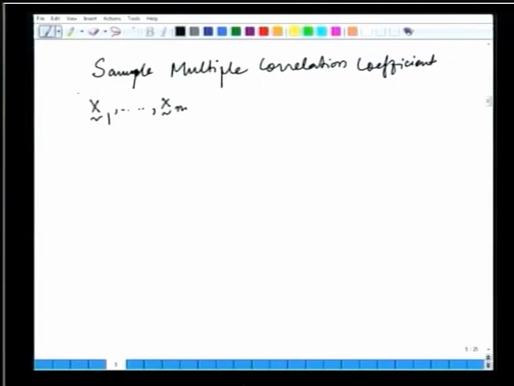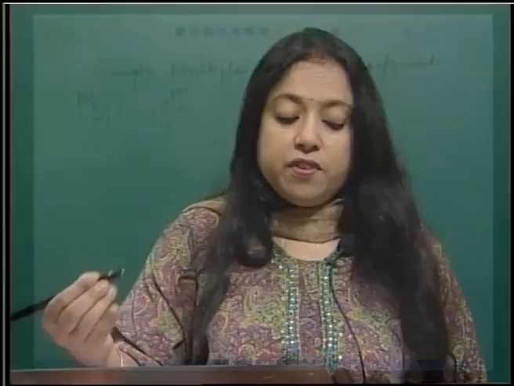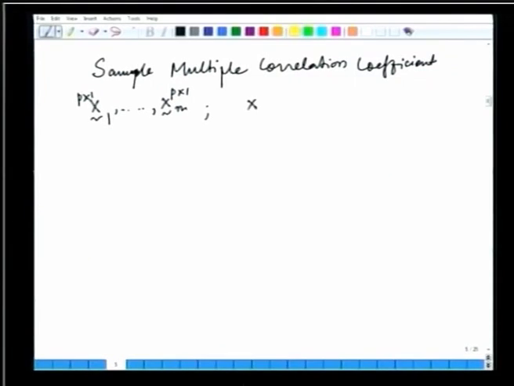So, each of them is the same p variate random variable, and we have a sample of size n, x1, x2 to xn, and we are going to calculate the multiple correlation coefficient from the given data. So, what we do is we simply consider again the mean vector x bar, which is nothing but 1 by n times the sum over the n observations, and in this way we get the mean.